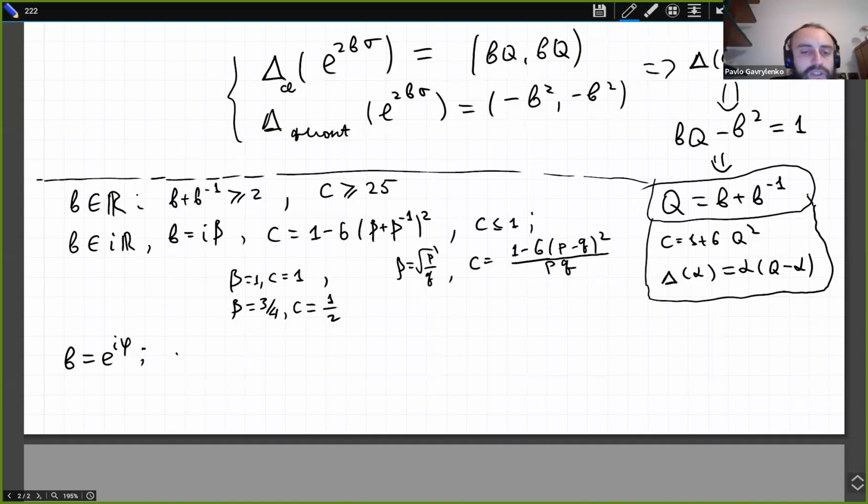In this case, c equals 1 plus 6 plus 24 cosine squared of phi. So it means that c is from 1 to 25.